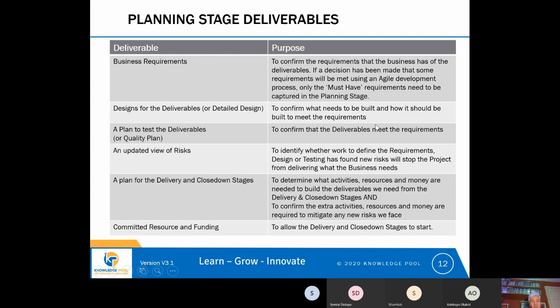So gathering the business requirements and documenting them and prioritizing them is a deliverable of the planning stage, but the level that we go to will be determined by whether we're using Agile or a more traditional waterfall approach.